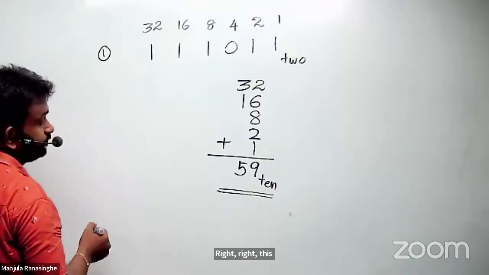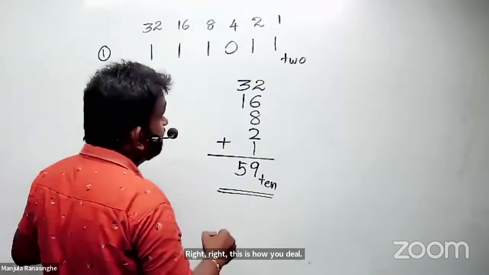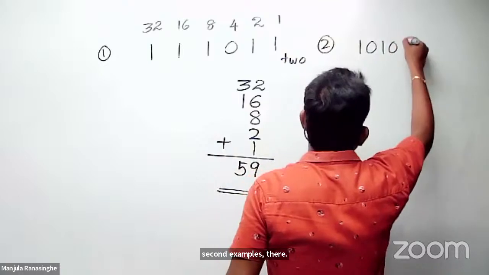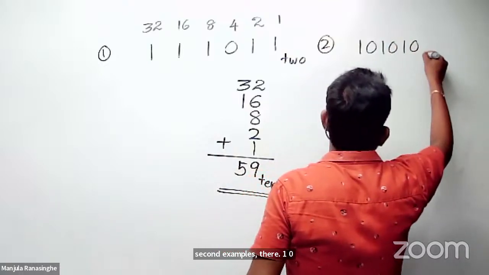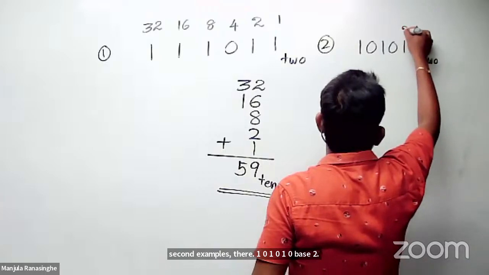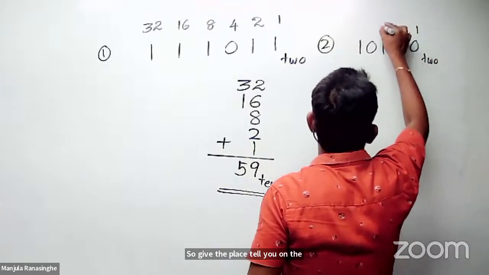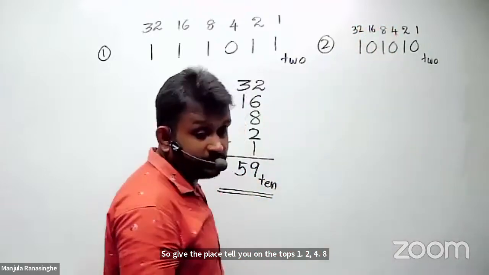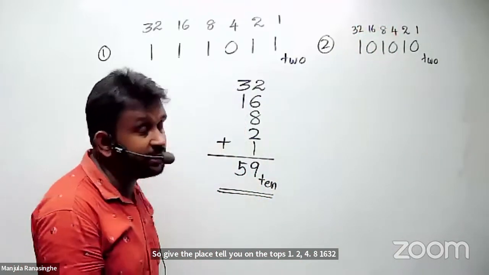First example. Okay. Second example, see there. 1 0 1 0 1 0, base 2. So give the place value on the tops: 1, 2, 4, 8, 16, 32. Now look at how many there are. Right.